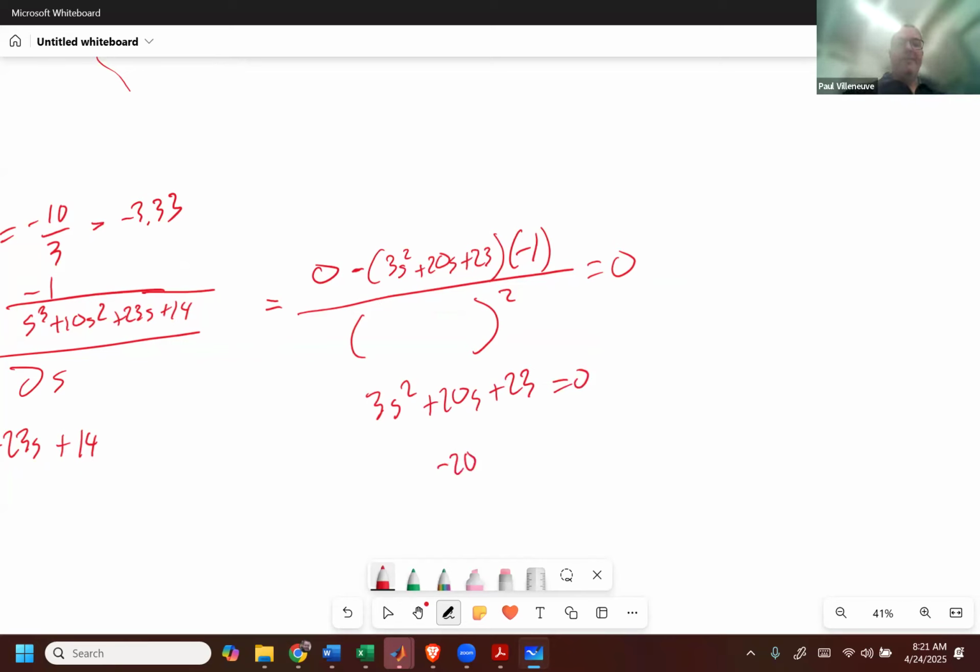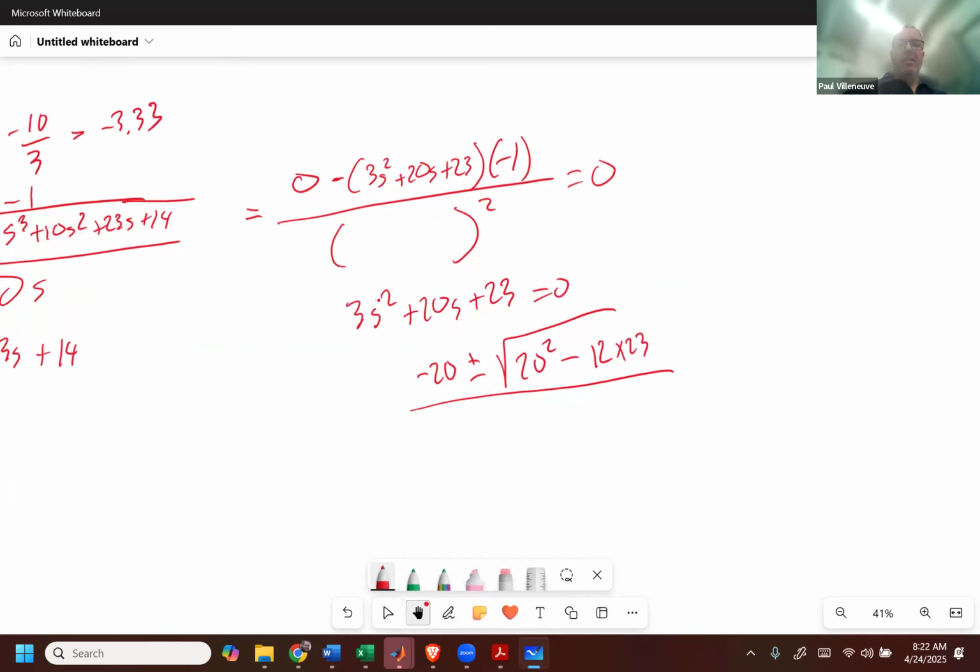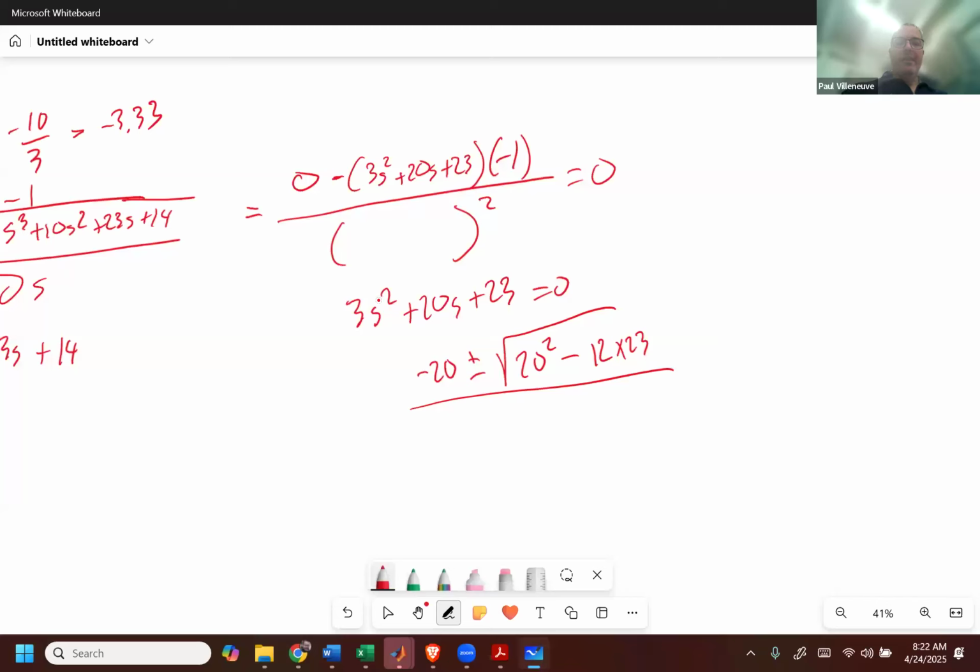Negative b plus or minus the square root of b squared minus 4ac, all over 2a, so that should be 6.